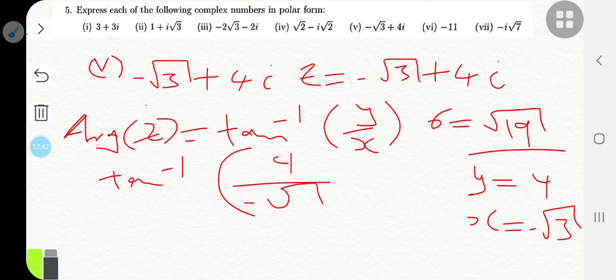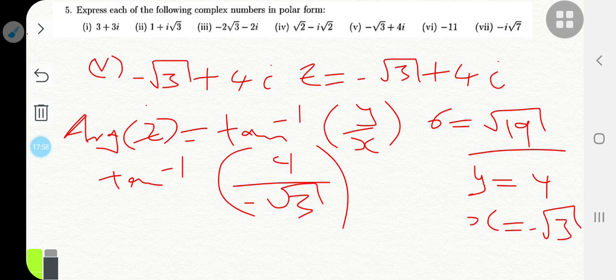Then I'll say the tan inverse of 4 divided by the negative root of 3.